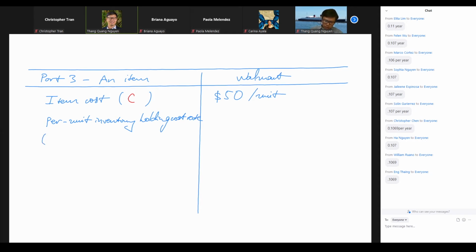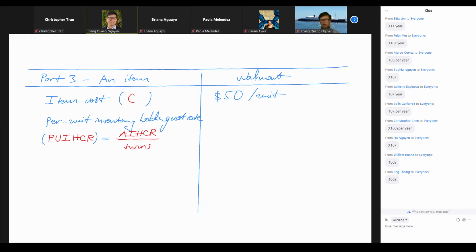Per unit inventory holding cost rate. Let me write out the equation first, and then we will try to make sense of what it is. The per unit inventory holding cost rate equals the annual inventory holding cost rate divided by the turns.